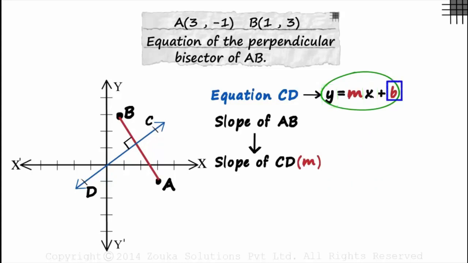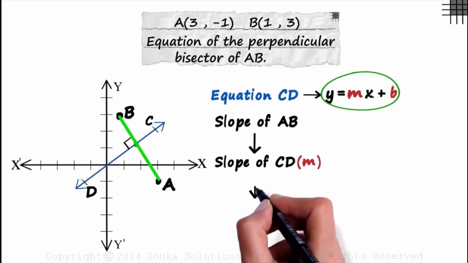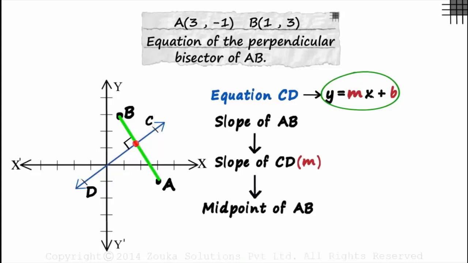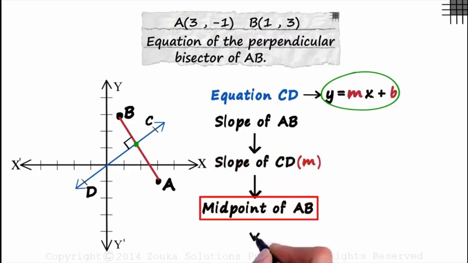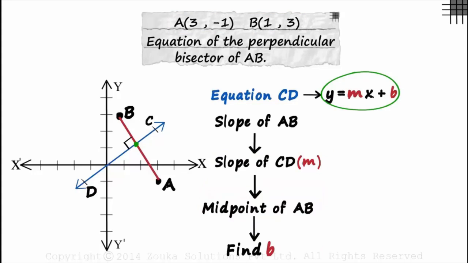After we find the slope of CD, we can find the values of y and x through the midpoint of AB. Why do we need the midpoint of AB? Because CD is the bisector of AB, which means that CD cuts AB into two equal parts.